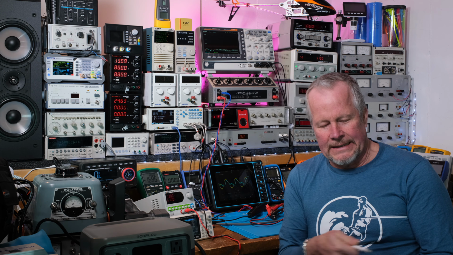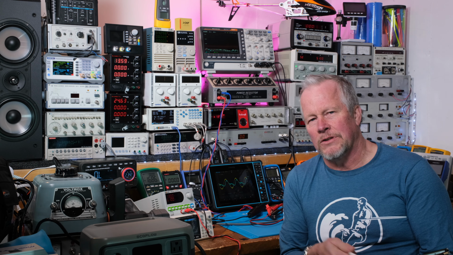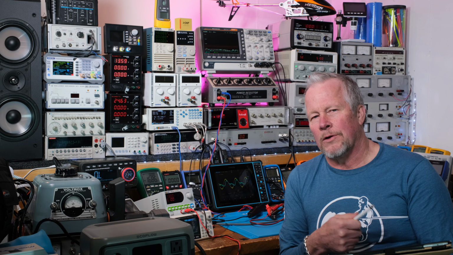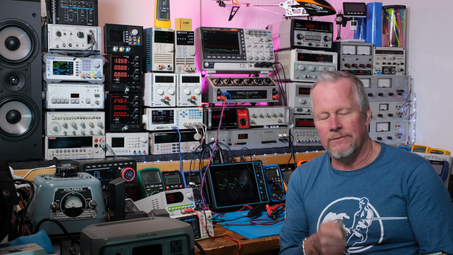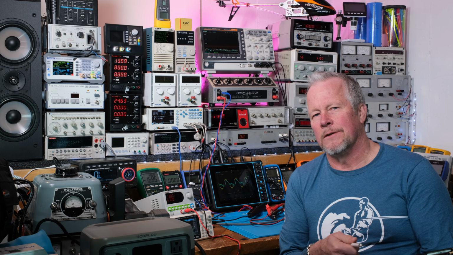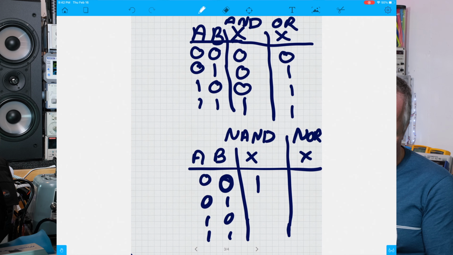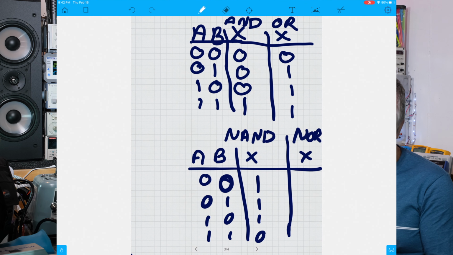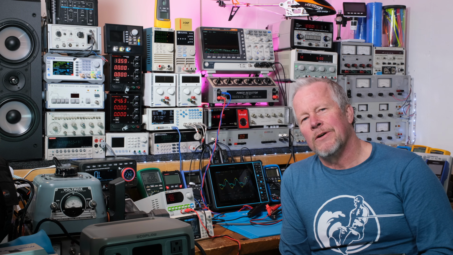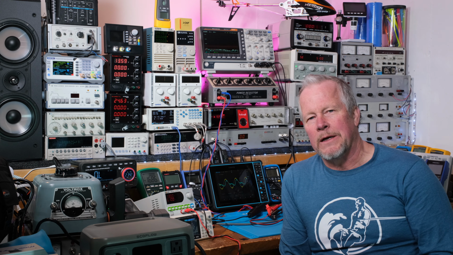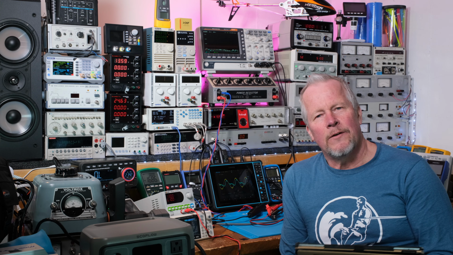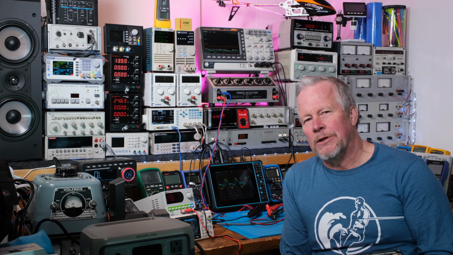So you can see what's going to happen is the inversion of the AND or the OR. All we have to do is change the zeros to ones and the ones to zeros. So we go 1, 1, 1, 0. That's the truth table. Then 1 on this one, 0, 0, 0. Those are what we call truth tables in digital. If you put those inputs in, that's the output you're going to get.